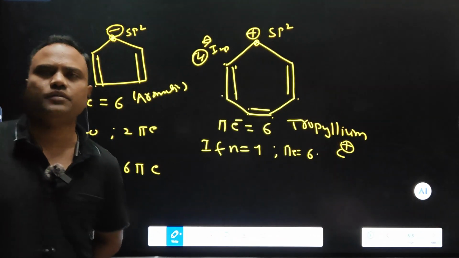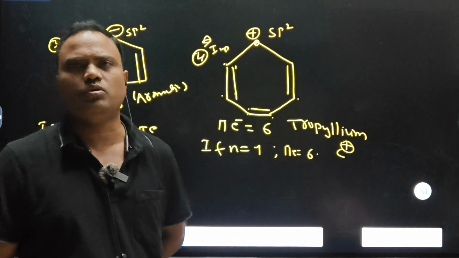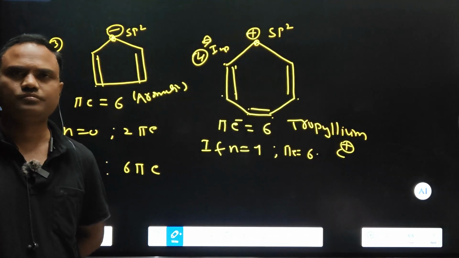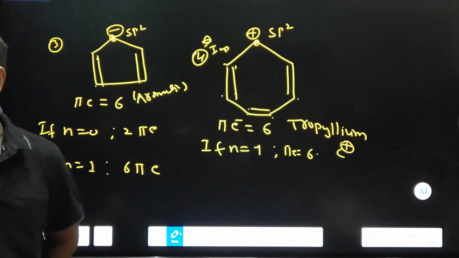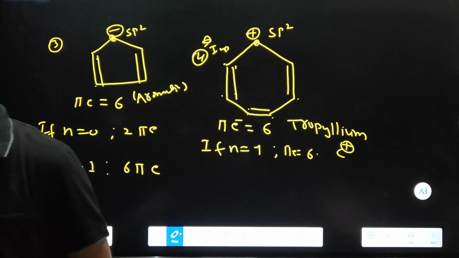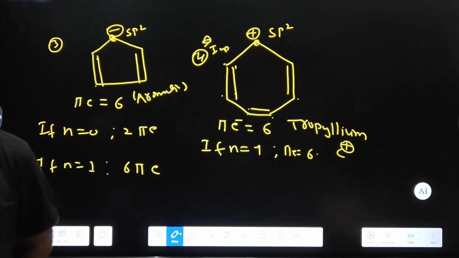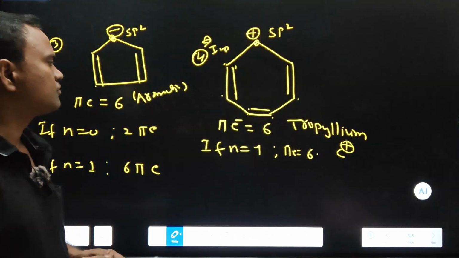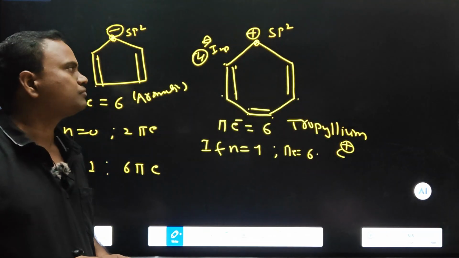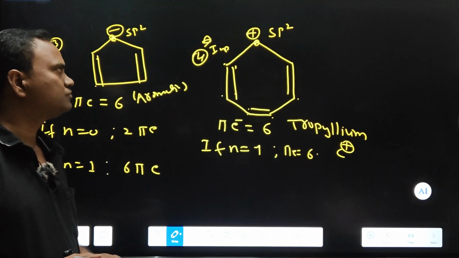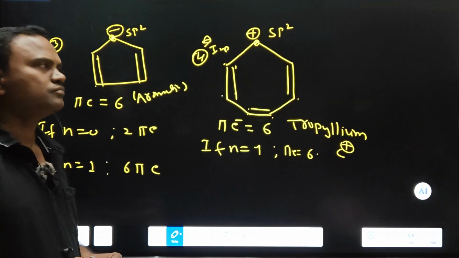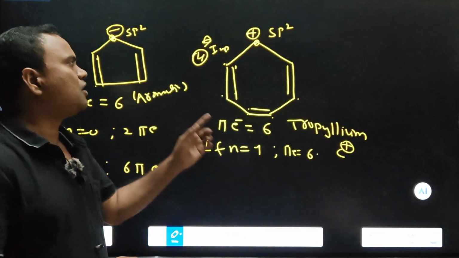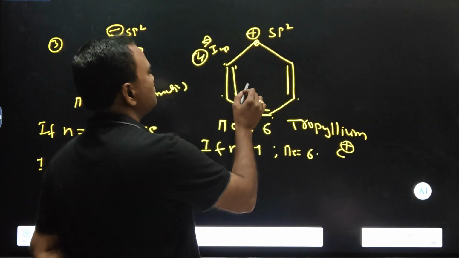Which of the following? Identify the aromatic compound from those given below. Tropylium carbocation. How many carbon atoms are present here? Tell me.